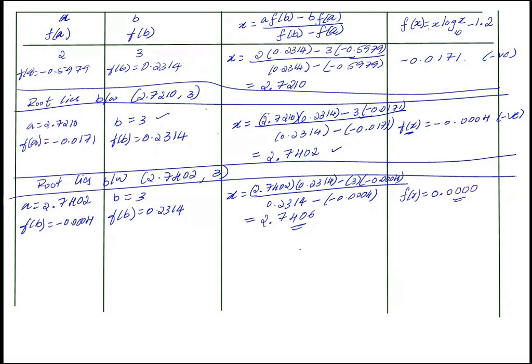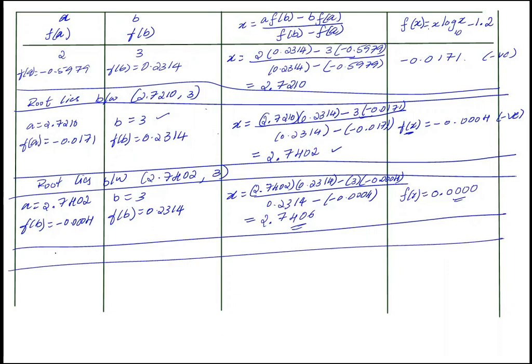So you can stop your iteration. And if you want to find again, that is if the new root lies between 2.7406 and 3, then I should change the value of a as 2.7406.